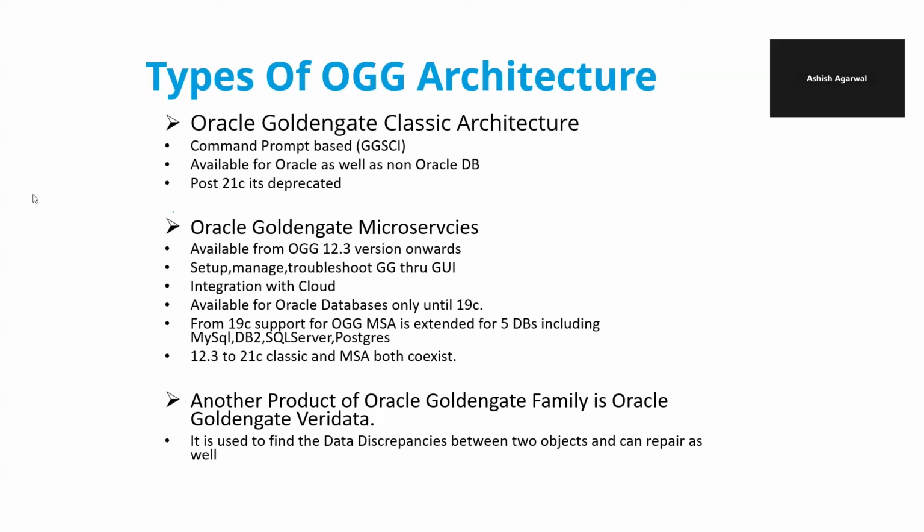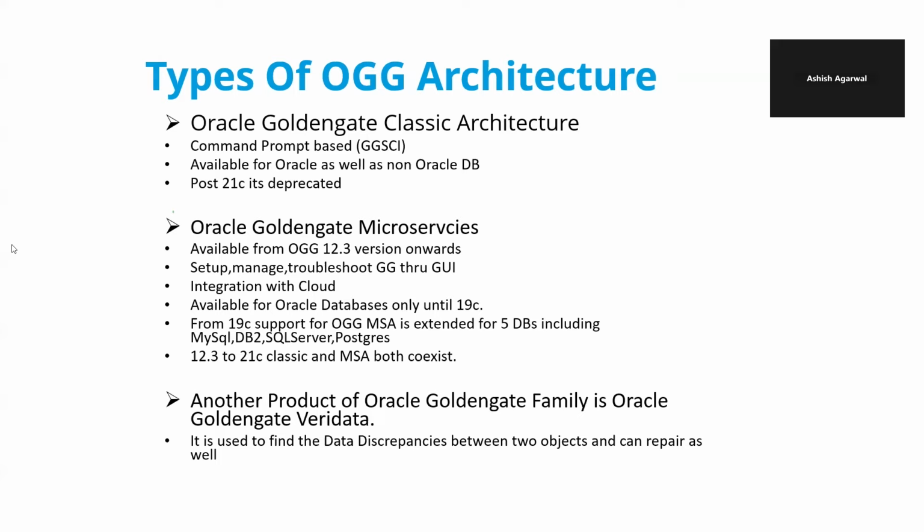Okay. So based on the answers received, I see one answer for microservices. Rest 17 are using classic. Okay. So see here as well, you can see the ratio. 90% it's classic.